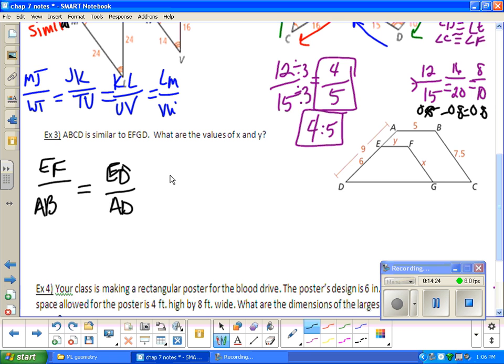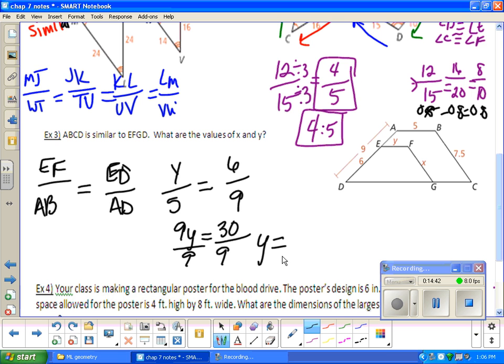And EF equals y over 5, and then 6 over 9. So cross multiply, I get 9y equals 30. Divide both sides by 9, and y equals 3.3.